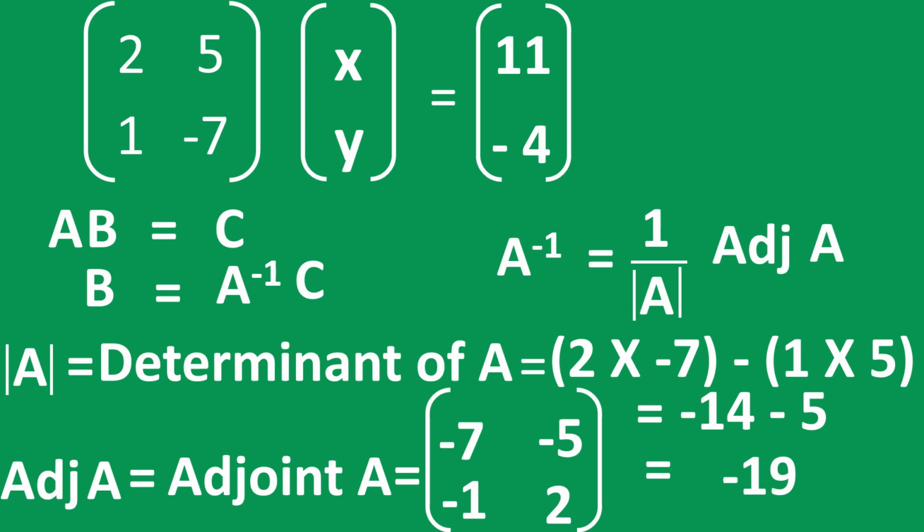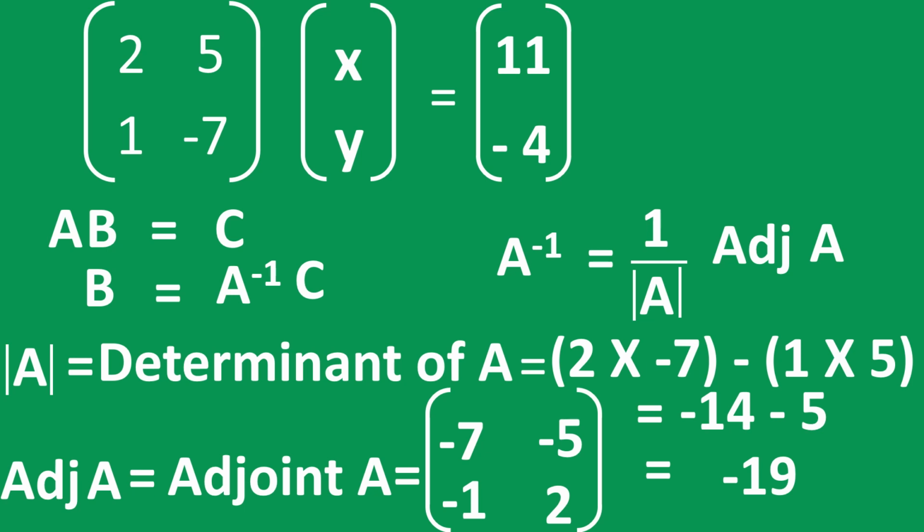Going back and looking at the top left where we have A, we have 2, 5, 1 and minus 7. Like I said earlier, when we find the adjoint, all we do is exchange the 2 with the minus 7. They swap positions, and the 1 and 5 retain their positions. However, they change their signs.